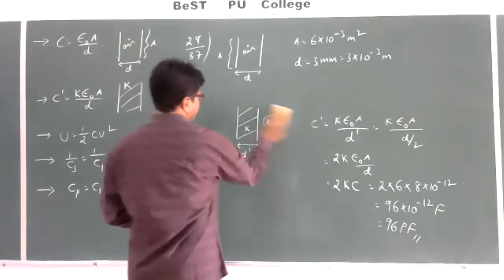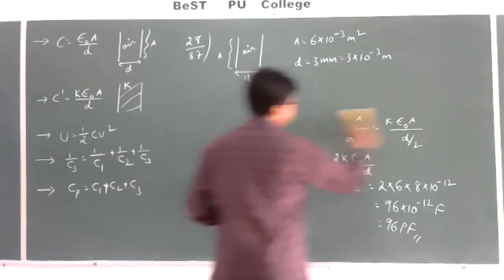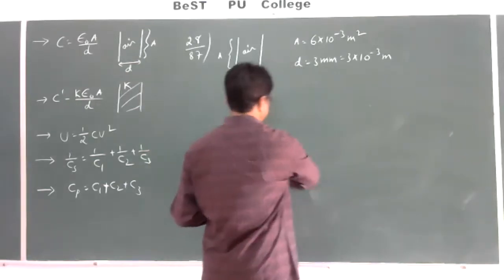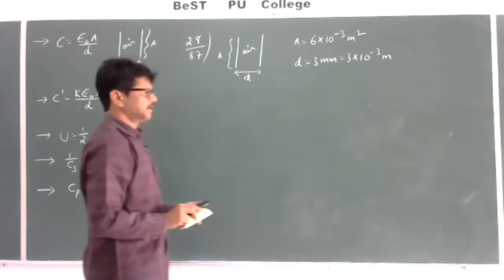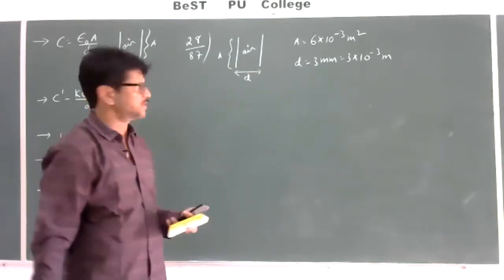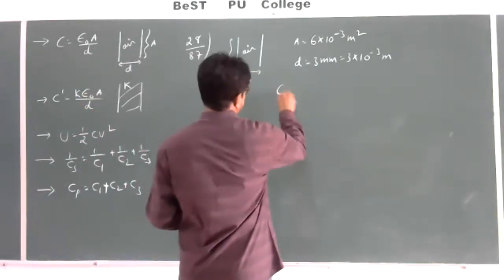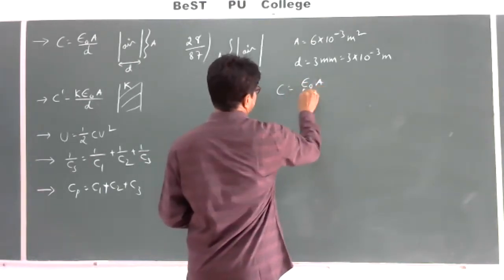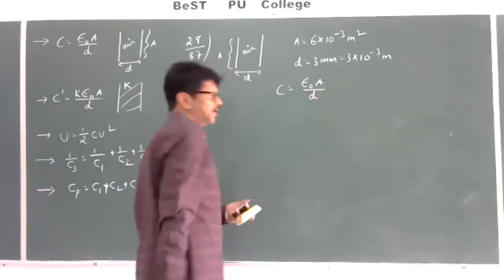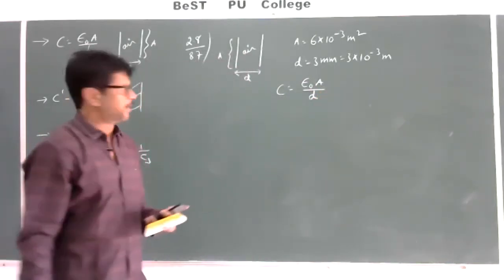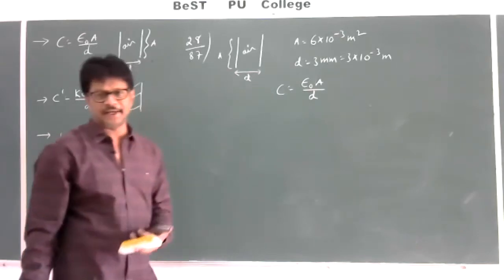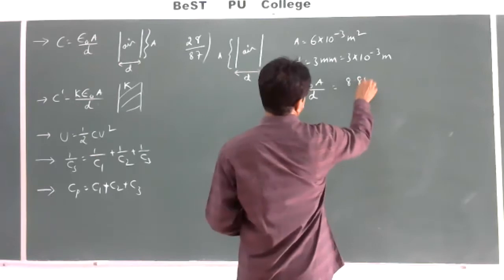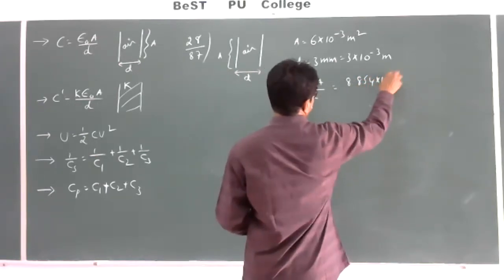Calculate the capacitance of the capacitor. C is equal to epsilon naught A by D is the formula to find out the capacitance of a parallel plate capacitor with air as the medium, where the epsilon naught value we know is 8.854 into 10 to the power of minus 12.